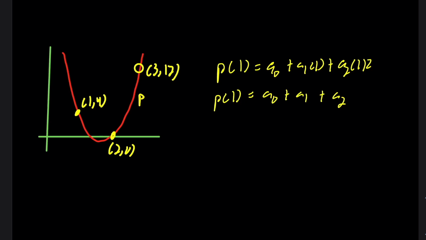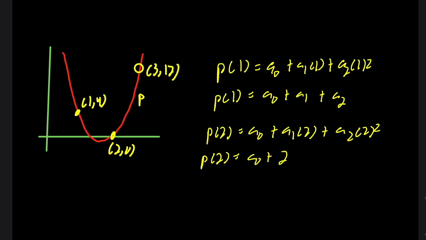Okay, let's remember that. Now, what happens if x was 2? Well, the pattern follows: a naught plus a1 times 2 plus a2 times 2 squared, where p of 2 is just a naught plus 2a1 plus 4a2. Now, tell me, what happens when x is equal to 3? Well, if you said it was a naught plus 3a1 plus 9a2, you'd be correct.